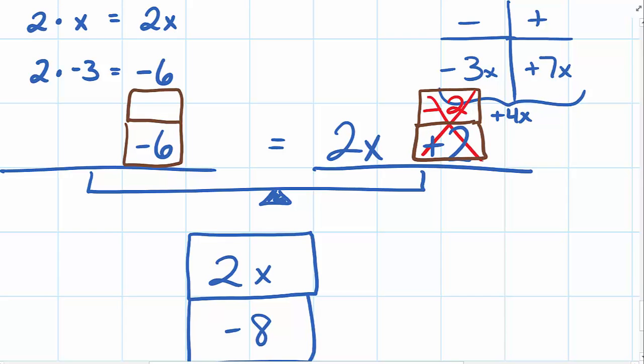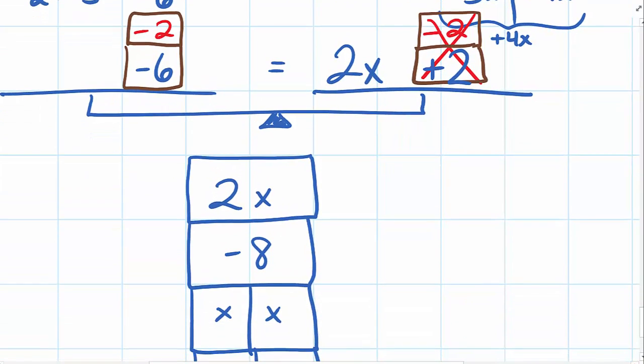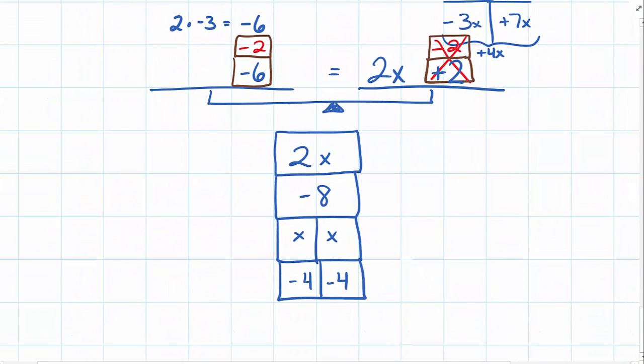And that's a perfect opposite. It'll cancel it out. If I put that negative 2 on the opposite side, what that's going to give me now is negative 8. And now we're right back to what I did below. My 2x's is equal to negative 8, and I split my x's up, so I split the negative 8 up. So our final answer is going to be x equals negative 4.